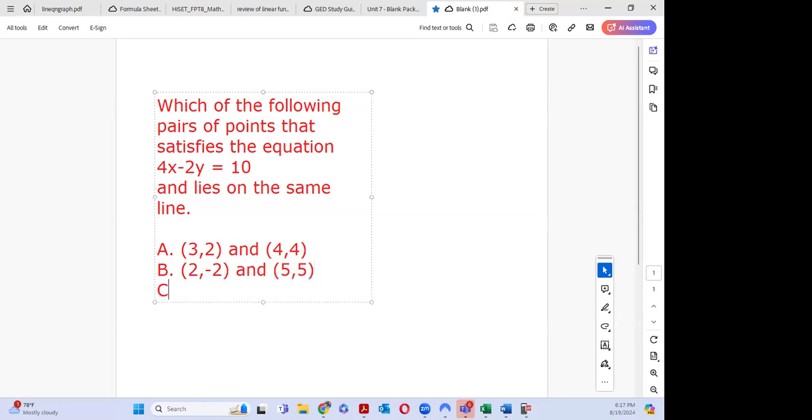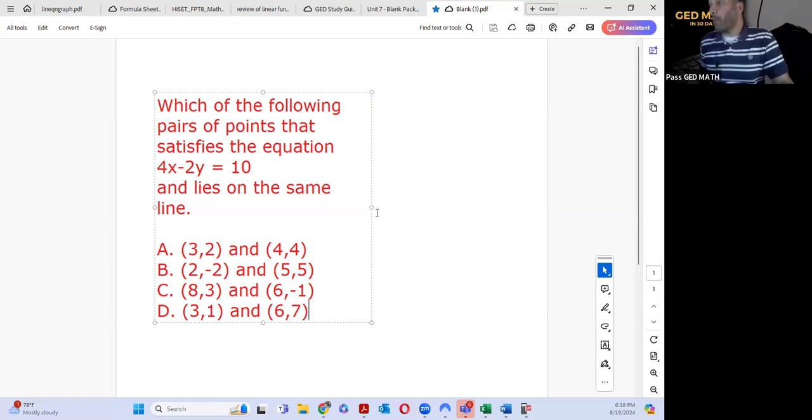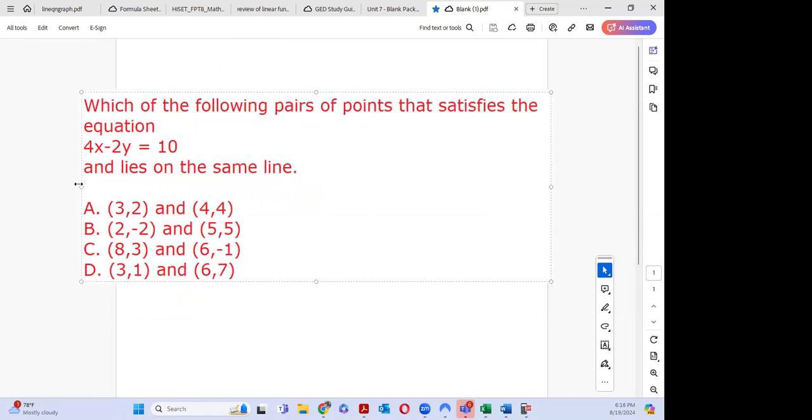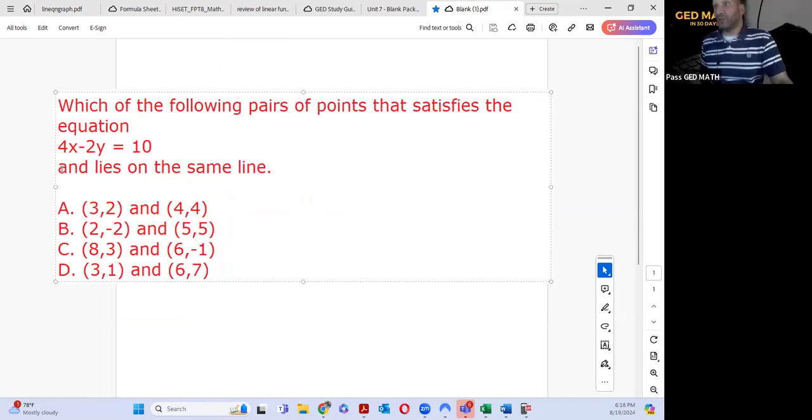C is 8, 3 and 6, -1. D is 3, 1 and 6, 7.